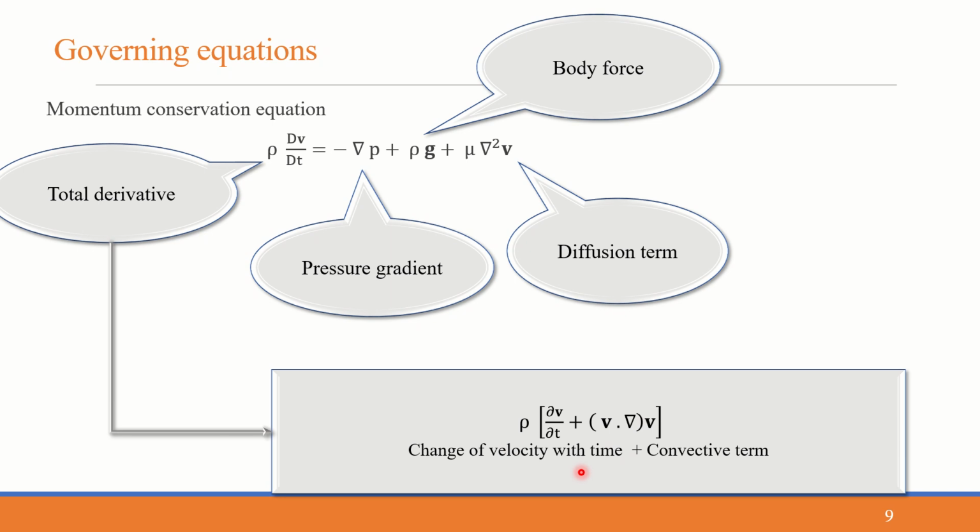Here it is the change of velocity with time, and here it is the change with the convection term. Due to convective motion this momentum change is arising, and this is due to diffusion, this is due to pressure variation, and this is due to body force variation. So these are all the things behind the momentum conservation equation.